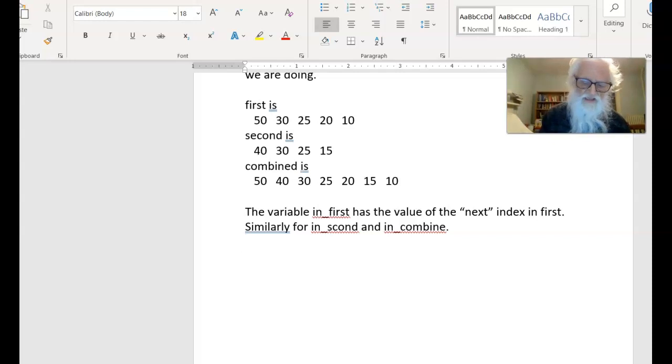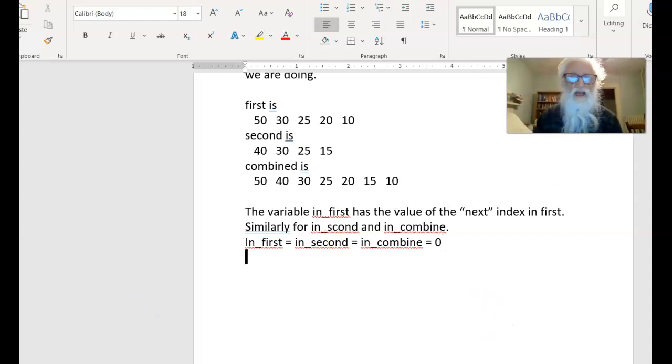I'm going to start with in first equals in second equals in combined equals 0.